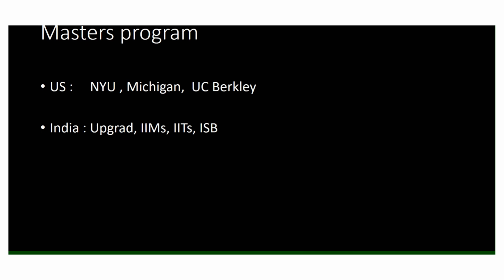Some of the good ones in the US are New York University, which is providing an online master's program. So is the University of Michigan, and Berkeley. These are some of the finest universities there. But also there are other universities.